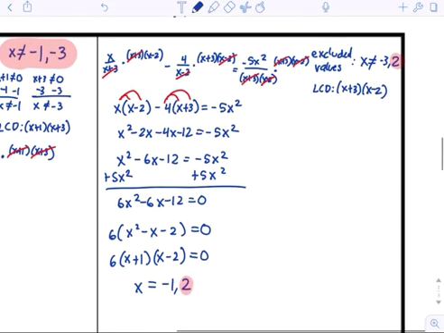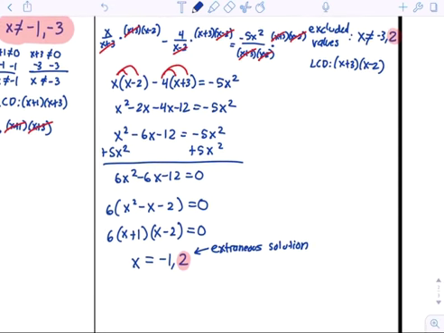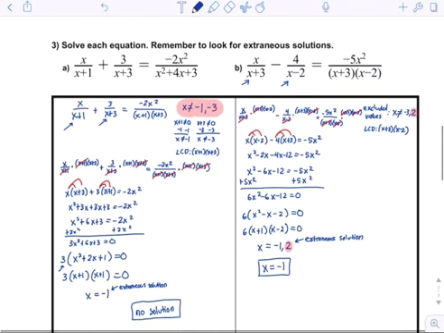So that's an extraneous solution, which means that cannot be an answer. So our only answer is x is equal to -1. Okay, so those are those problems right there.